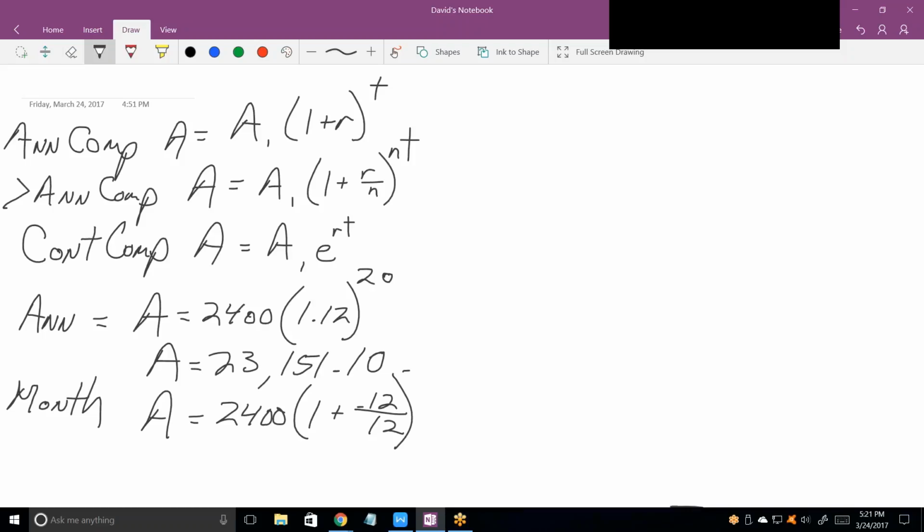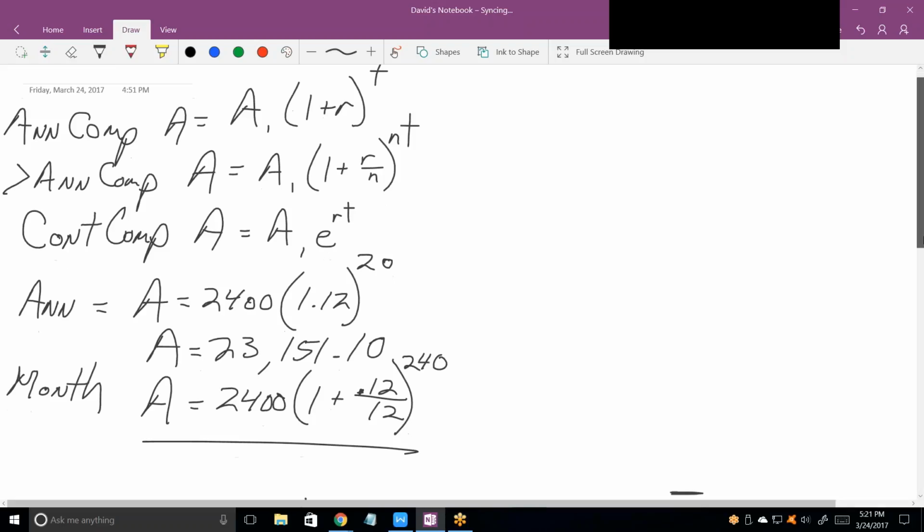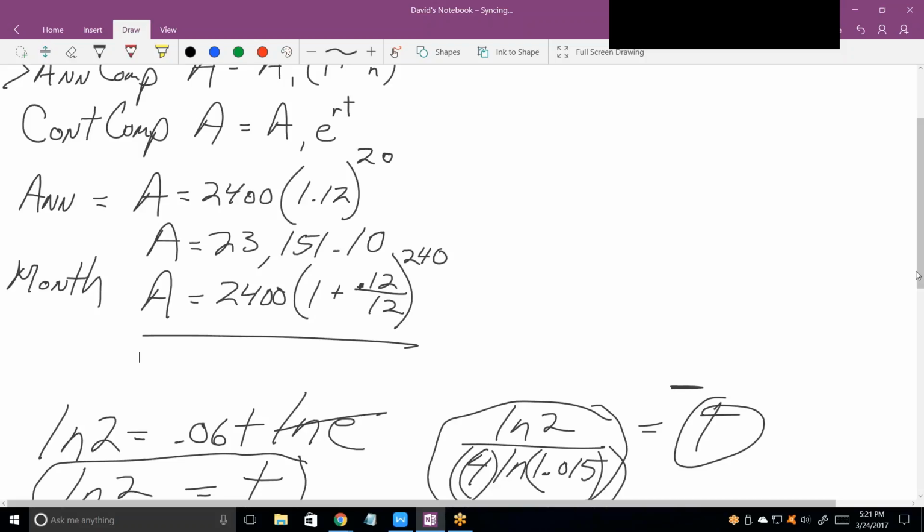So let's just do that, and go ahead and come up with a number on that. It's 1.01, which is 0.12 divided by 12 plus 1.